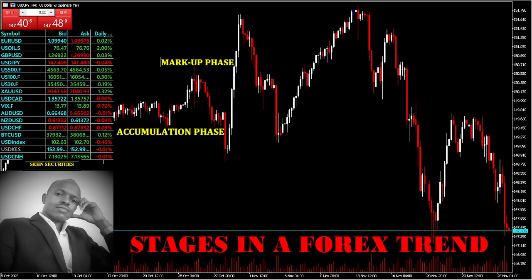So the next stage, or the third stage, is usually termed the distribution phase. At the distribution phase, professional selling interests become exhausted, causing the exchange rate and the market confidence in the upward trend to rise to new swing highs.